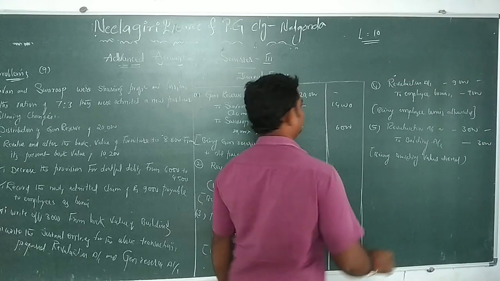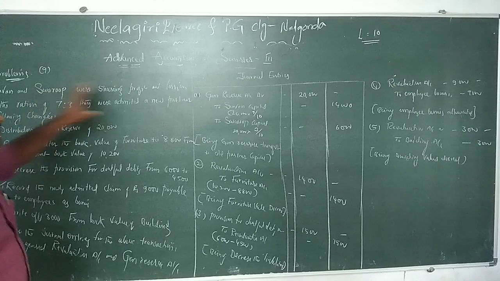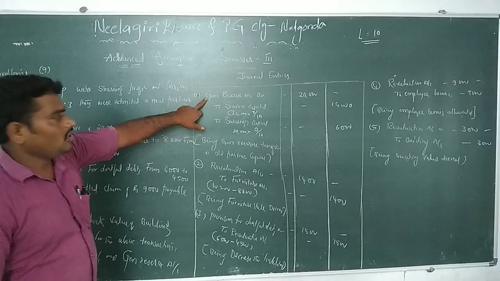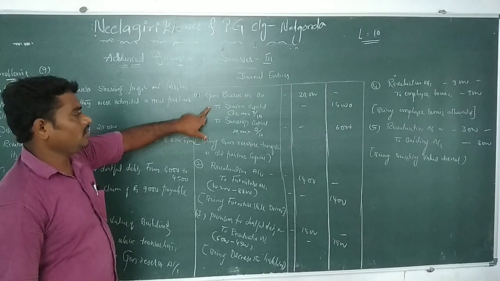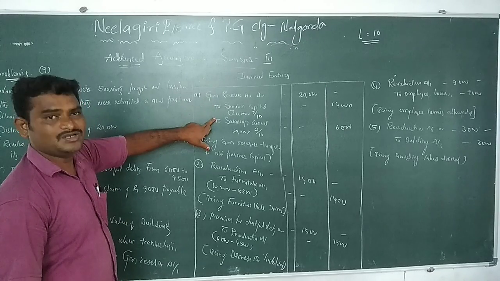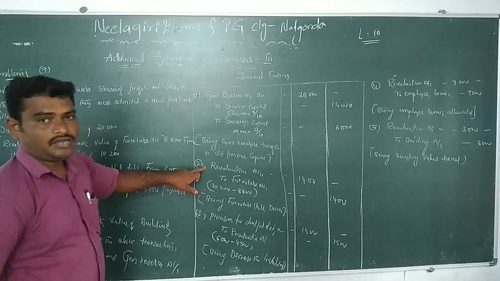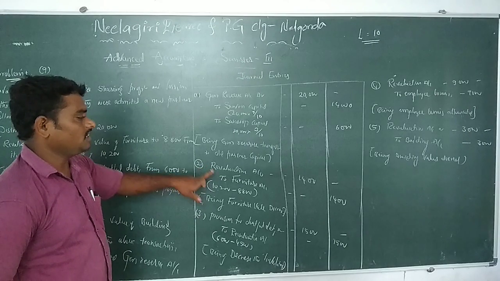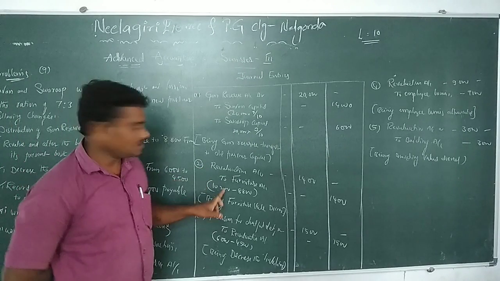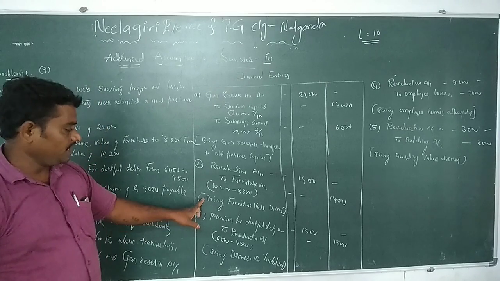Now the journal entries in this problem. First entry: general reserve account debit to Shravan capital account and Swaroop capital account. These are transferred to Shravan and Swaroop. Second, revaluation with decreasing asset value: revaluation account debit to furniture account, 10,200 to 8,800. So furniture value decreased.